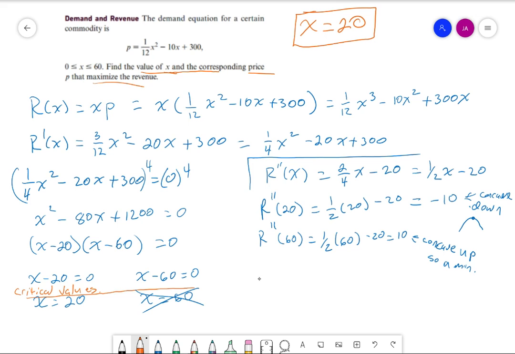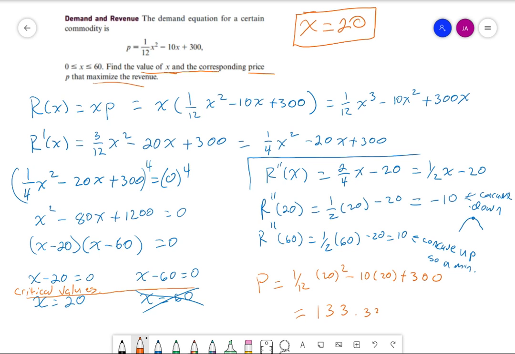Well, for that one, remember, all we need to do is go back to the demand curve P, plug in our value of 20. We get 1/12 of 20 squared minus 10 times 20 plus 300. This demand curve being plugged in for this specific number of units will give us that price. And I get that this value is 133 1/3.